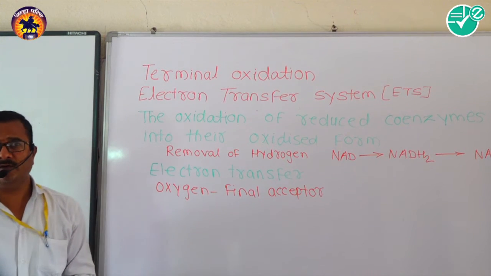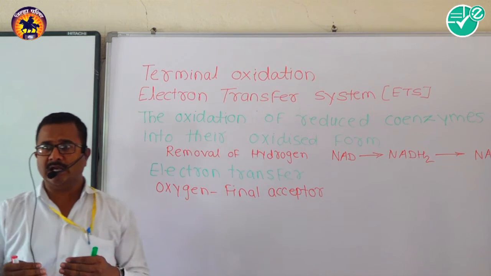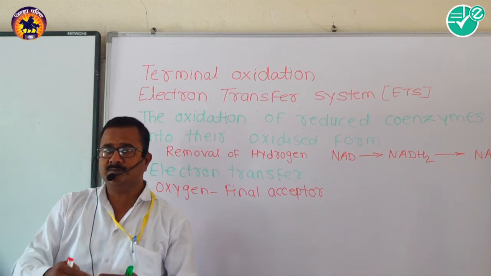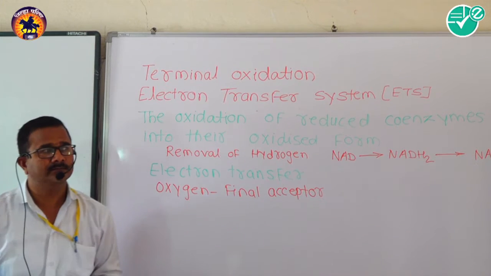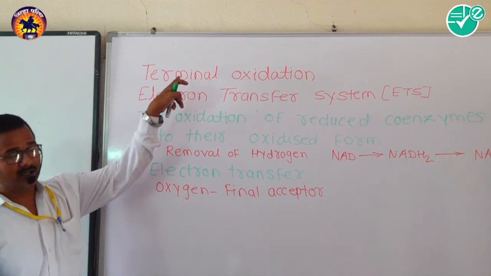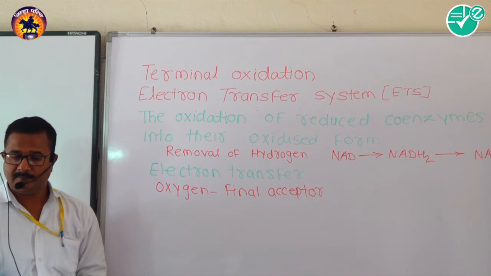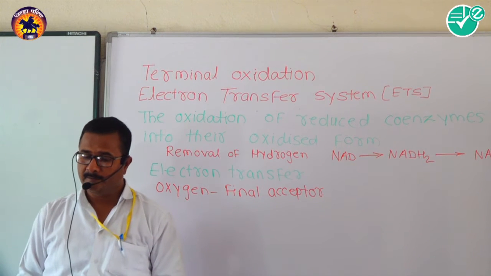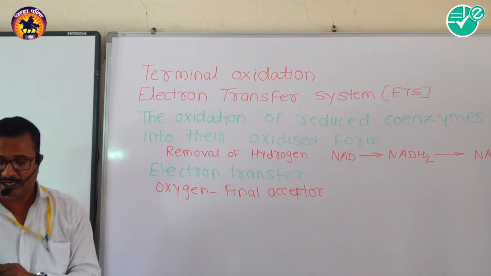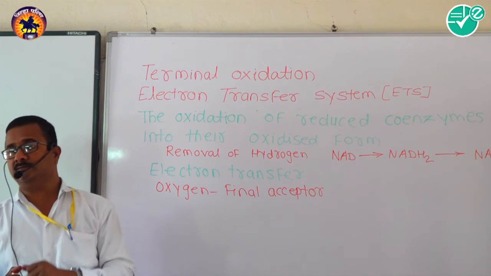Till this, there are different types of electron carriers present. These electron carriers transfer the electron from one substrate to the next. And therefore, this is also called the terminal oxidation. Here, the ATP formation takes place during this electron transfer.